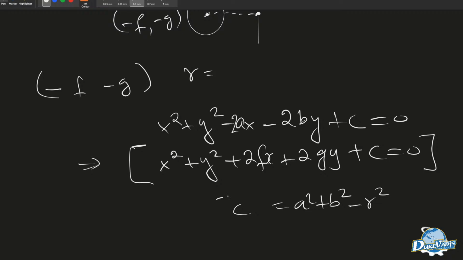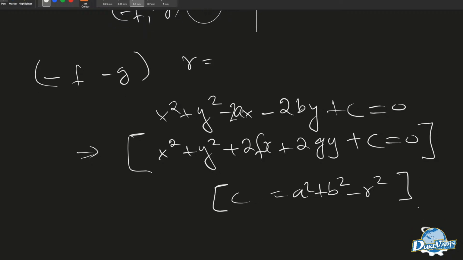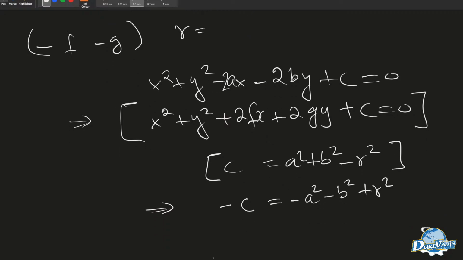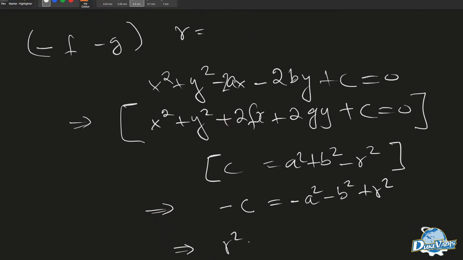And so this equation will also help us to calculate any of the parameters if we don't know one. So for instance, if we want to find r, when we multiply through, we're going to get minus c equals minus a squared minus b squared plus r squared, and therefore our r squared will be equal to what? a squared plus b squared minus c.